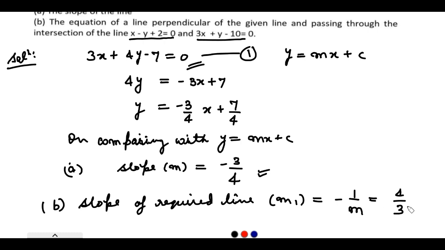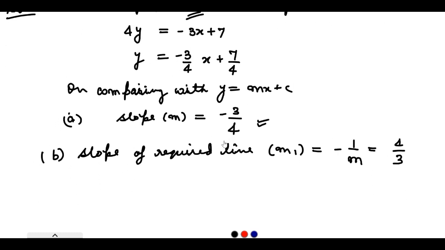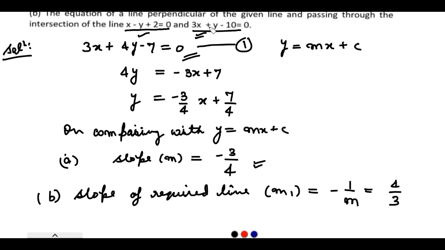Now slope is known and one point is known, that is the point of intersection of these two lines. So we are finding point of intersection of these two lines by solving these equations simultaneously. First is x minus y plus 2 is equal to 0 and second is 3x plus y minus 10 is equal to 0.